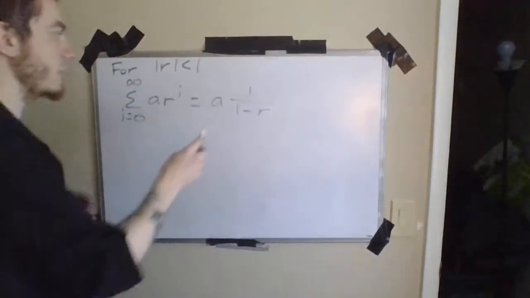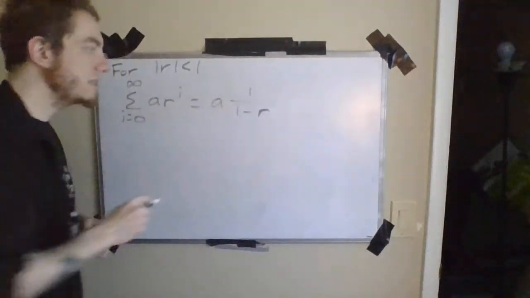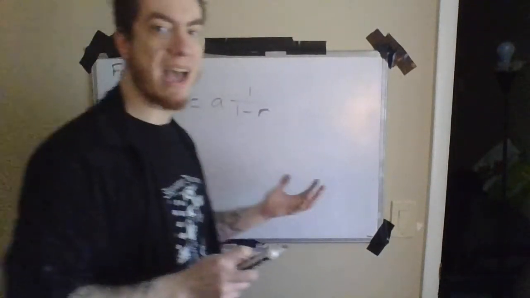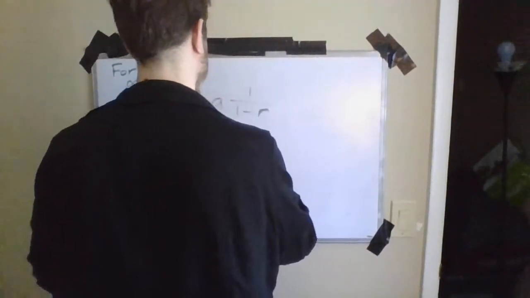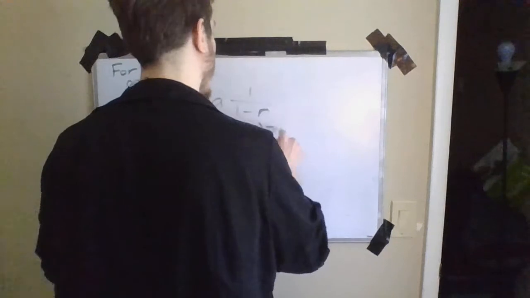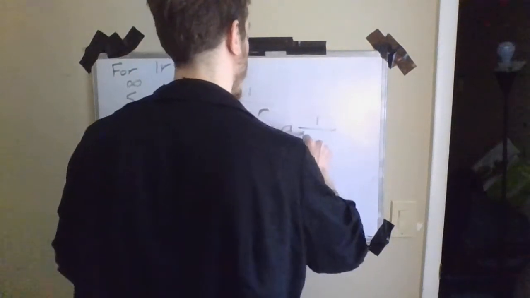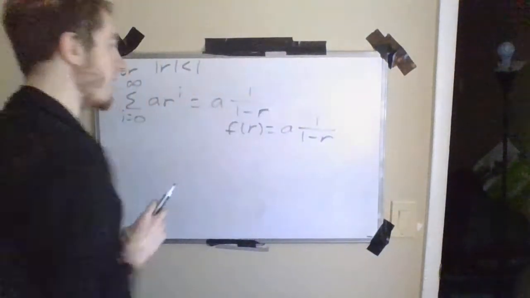But this expression on the right-hand side is actually a perfectly valid function of r. I can think of this as f of r equals a times 1 over 1 minus r, if I want to.